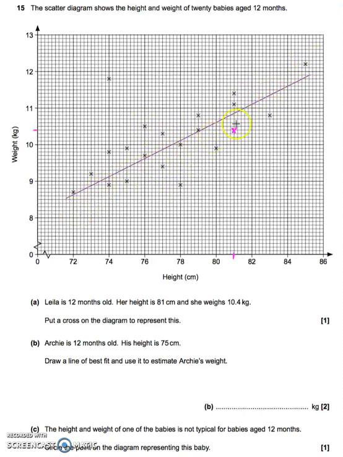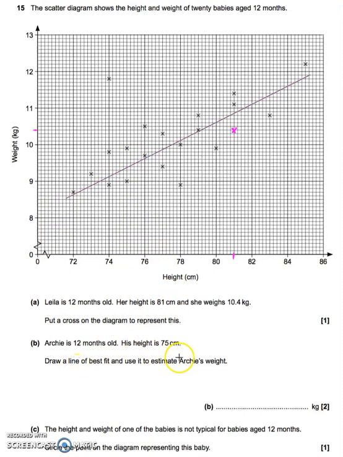And there we go. We can see that this has a positive correlation because as one thing goes up, the other thing goes up. As the height increases, the weight increases. Those sorts of comments would work for those sorts of questions.